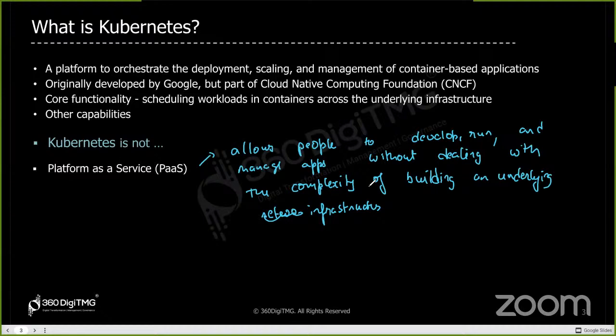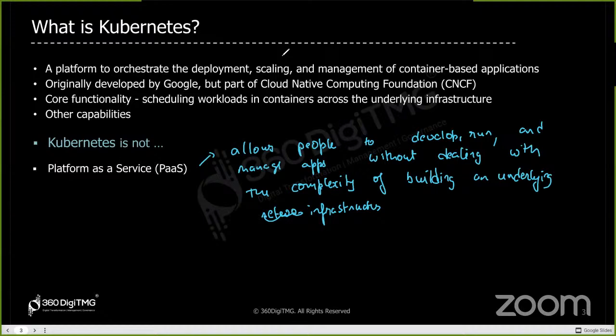So Kubernetes, in comparison to platform as a service, requires a higher degree of knowledge. Kubernetes can sometimes be called a container as a service, or maybe even infrastructure as a service.